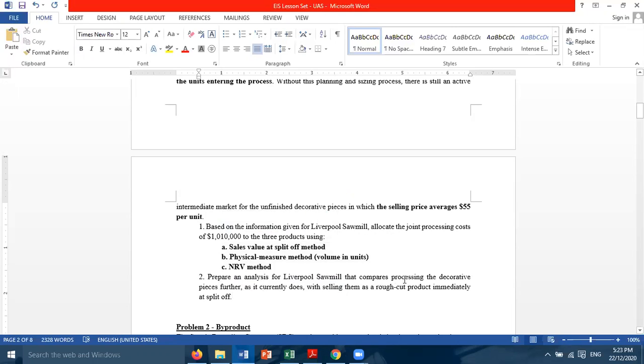Prepare an analysis for Liverpool sawmill that compares processing the decorative pieces further as it currently does, with selling them as a rough cut product immediately at split off. Okay. So this question practically asks us whether it's profitable or not to further process the decorative pieces. So to answer these types of questions, we usually just need to use marginal revenue and marginal costs.